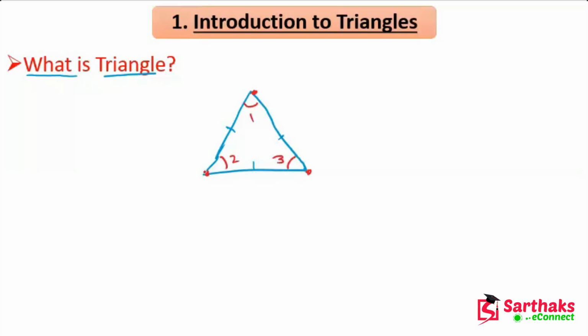A triangle is a type of polygon which has three sides and three vertices, where two sides are joined end to end, which makes the vertices.